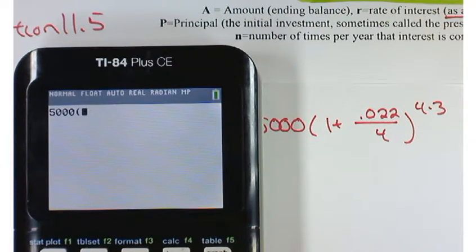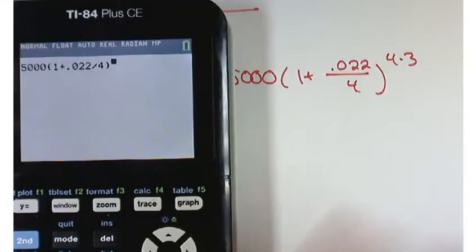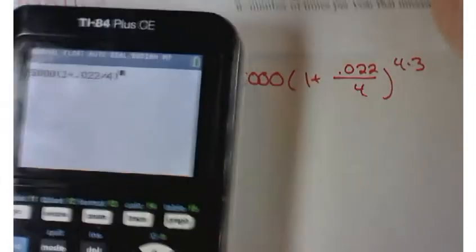Your calculator understands that there's going to be a multiplication there. You don't have to hit the times key. 1 plus 0.022, then hit the divide key. Divided by 4, right parenthesis, and then hit the exponent key. So the little up arrow here, right above the division sign.